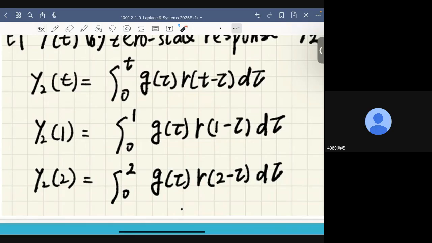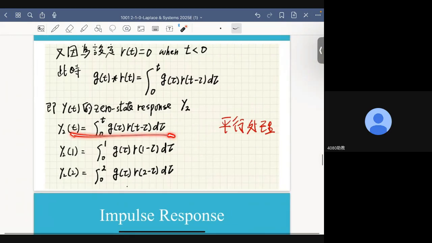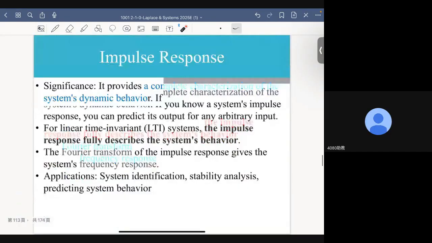And that is also one of the reasons why the convolution integral is important, because with such a representation, you can solve the zero-state response of a linear time-invariant system by using the parallel processing power of a supercomputer. Okay? And that can make a difference.